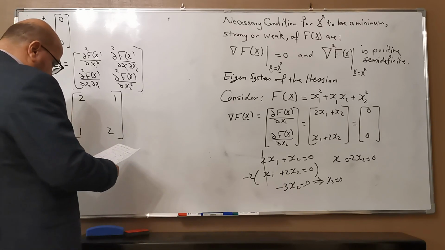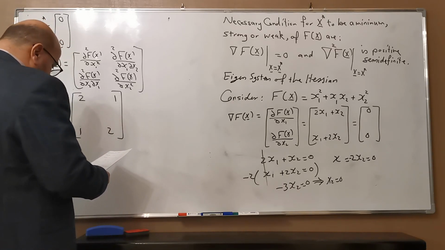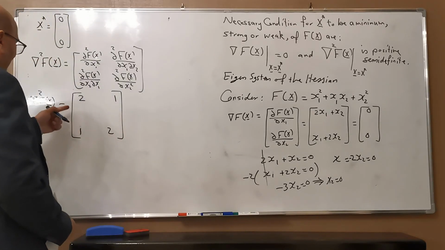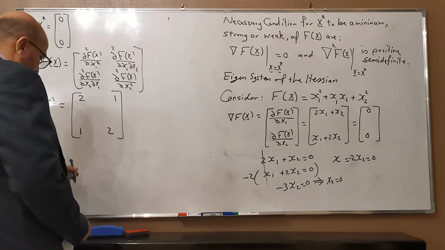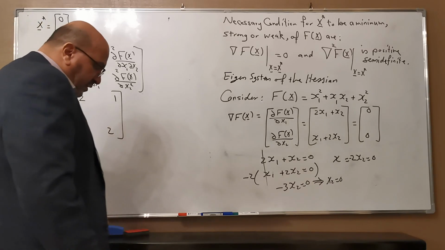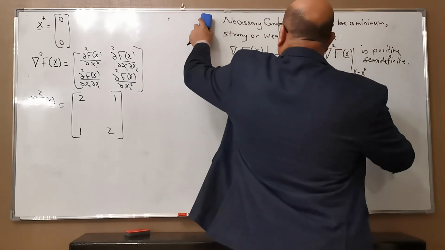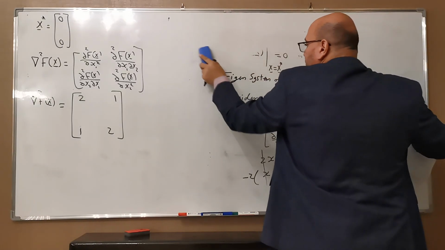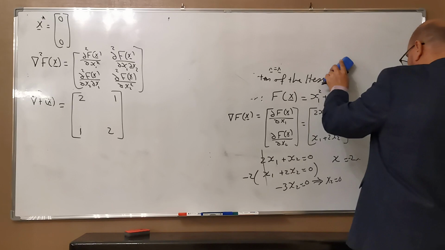It's a constant, it does not have variables inside. Looking at this, we cannot say whether it is positive definite, positive semi-definite, or negative definite. We cannot conclude until we find the eigenvalues of this matrix.